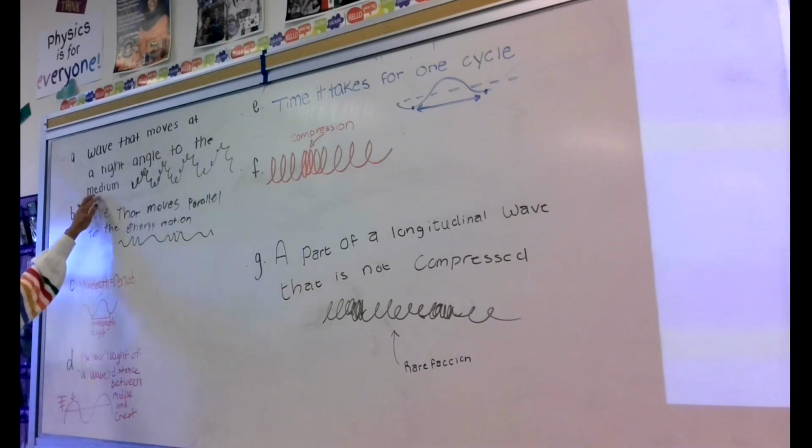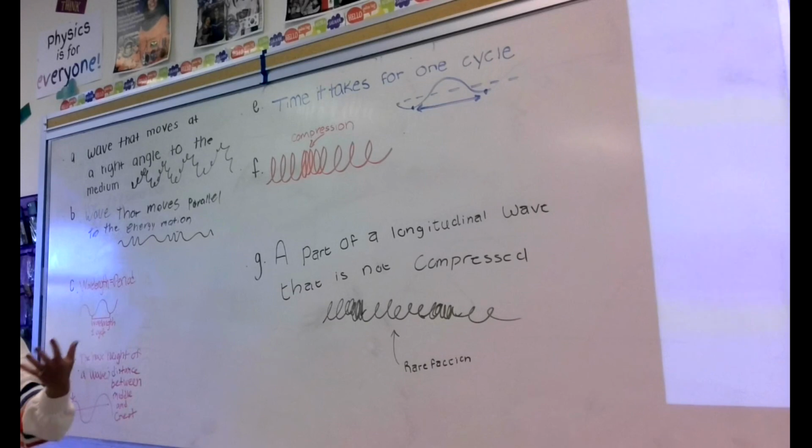Another good vocabulary word: the medium is the substance in which your wave is traveling through, which is the slinky itself. So the coils or the particles in your medium will travel perpendicular, or at right angles, to the motion of the wave.